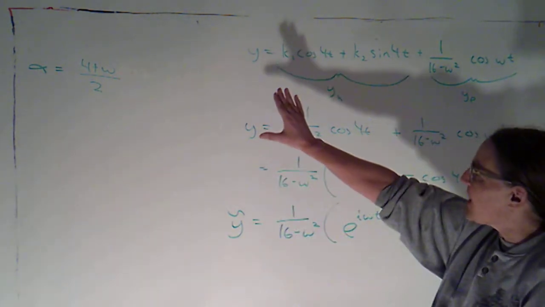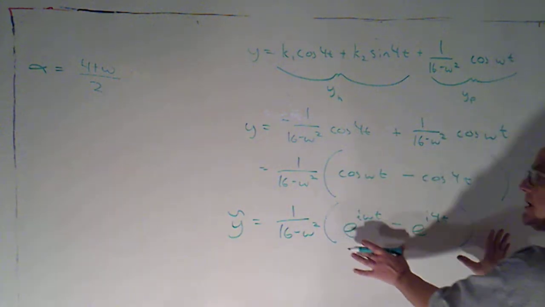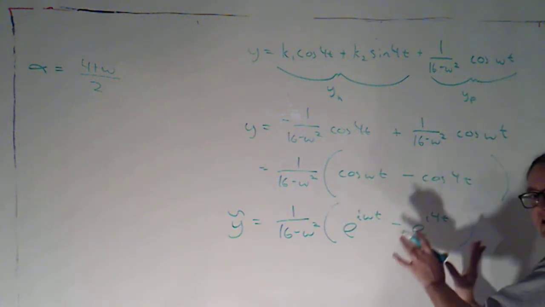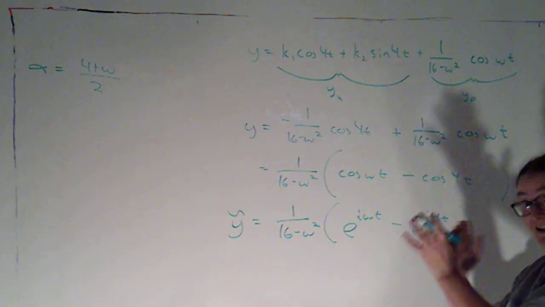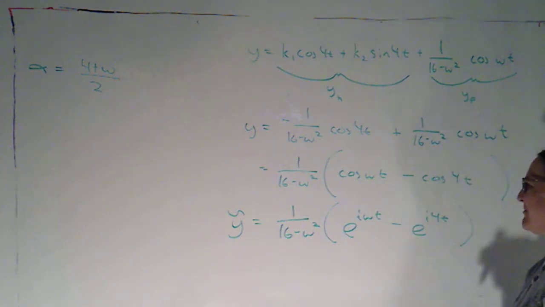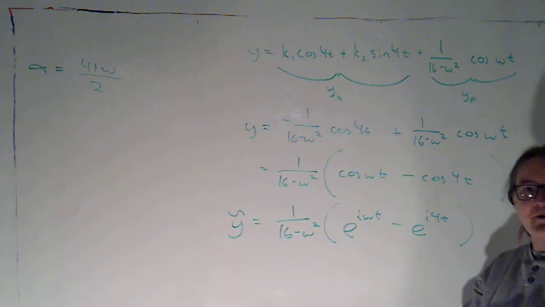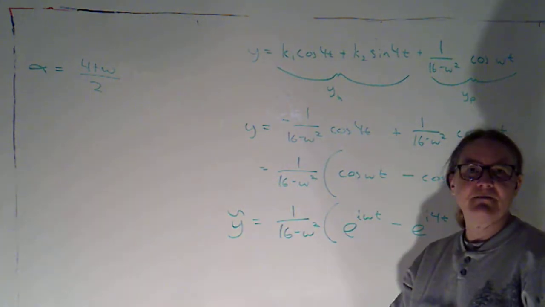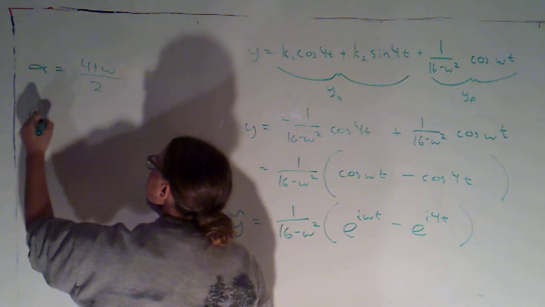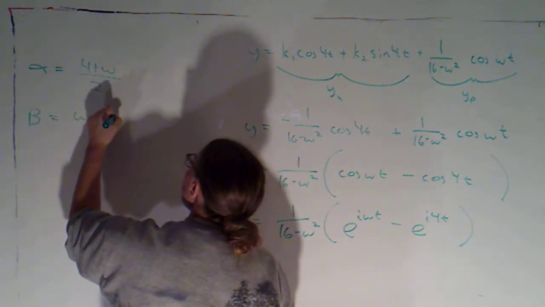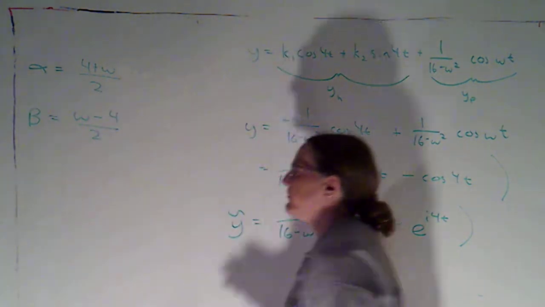This is just going to be helpful for rewriting this in a way that suggests why that beating behavior that we know we're going to get, because we entered this into Desmos, at least we know we'll get it when omega is close to 4, that beating behavior does fall out of things. Okay. So then I'm going to define beta to be omega minus 4 over 2.